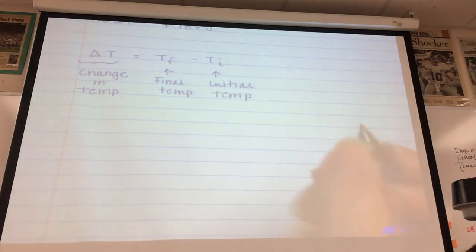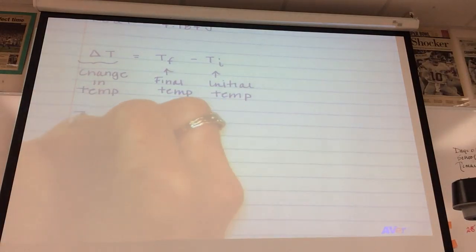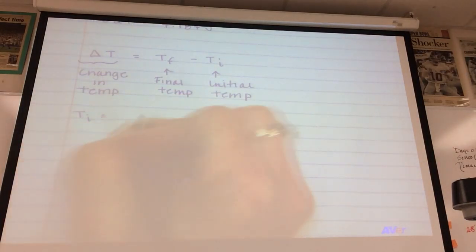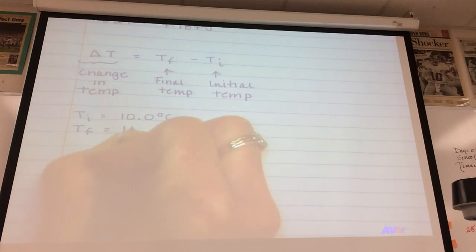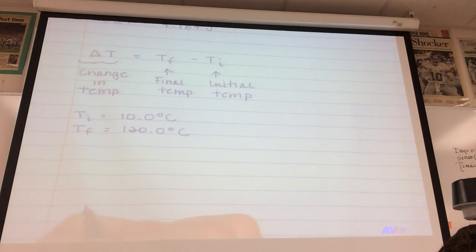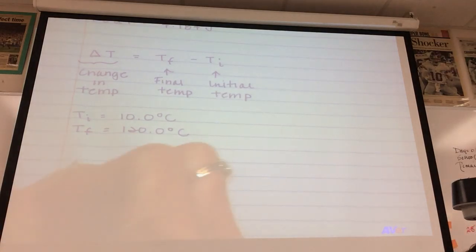So let's say you're heating an iron nail and your initial temperature is 10 degrees Celsius and you get it up to a final temperature of 120 degrees Celsius.